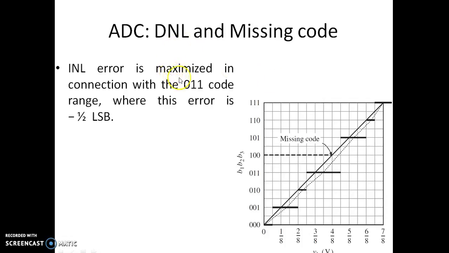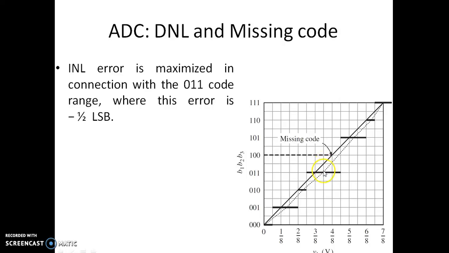The INL error is maximized in 0, 1, 1. As you can see here, in this 0, 1, 1, the amount of deviation from the ideal line to the actual line. So these are the lines joining the centers of the code. This is the actual dotted line which is passing through the center of the code length.